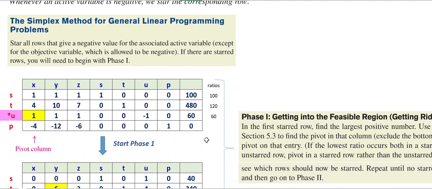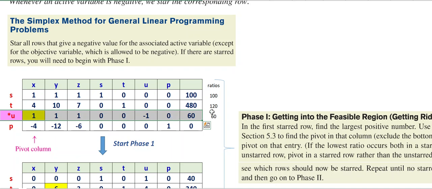what we want to do now is go to our starred or highlighted row, which is the U row. Now, normally with a standard maximization problem, we go to the bottom row and look for the most negative number. We are not going to do that now. We're going to our highlighted row, the one with the negative active variable, and we're looking for the most positive number.